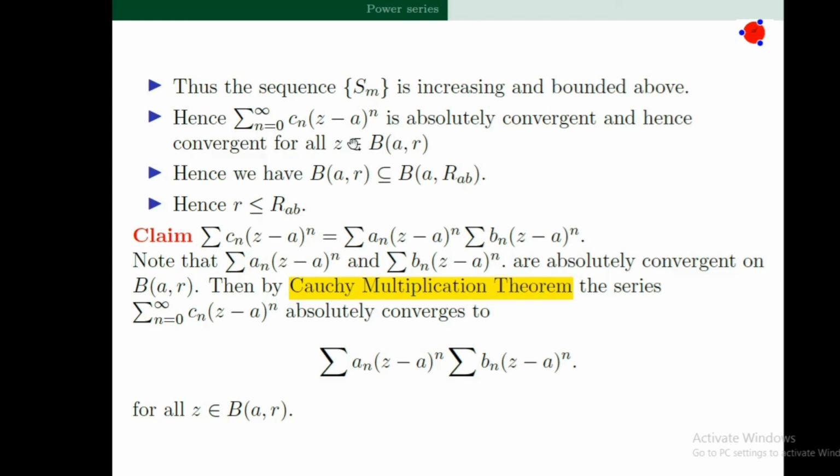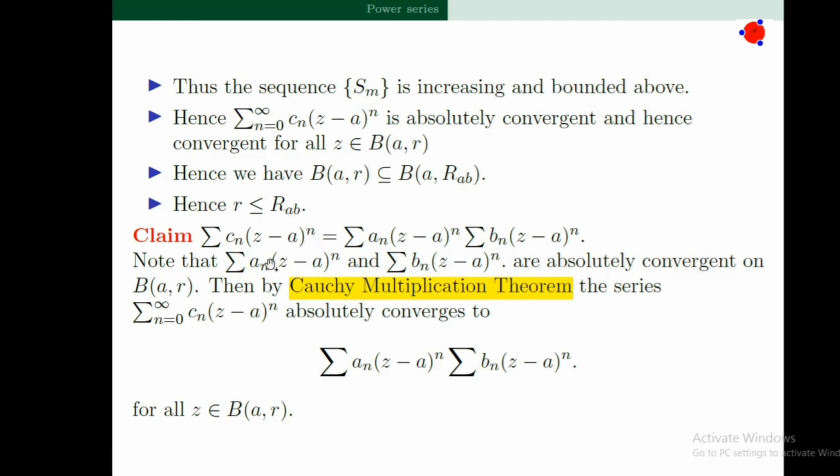That means the series summation n equal to 0 to infinity Cn into z minus a the whole raised to n is absolutely convergent and hence convergent. And this means that the open ball with the center a and radius r is contained in the open ball with the center a and radius R_AB. That means r is less than or equal to R_AB.